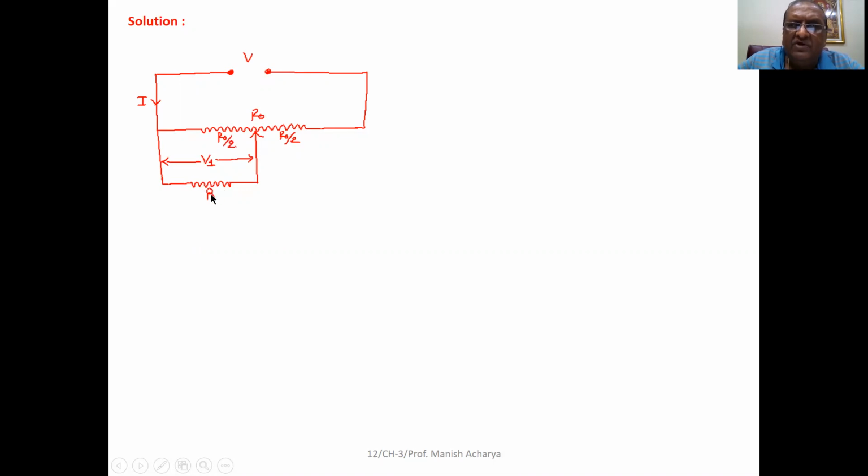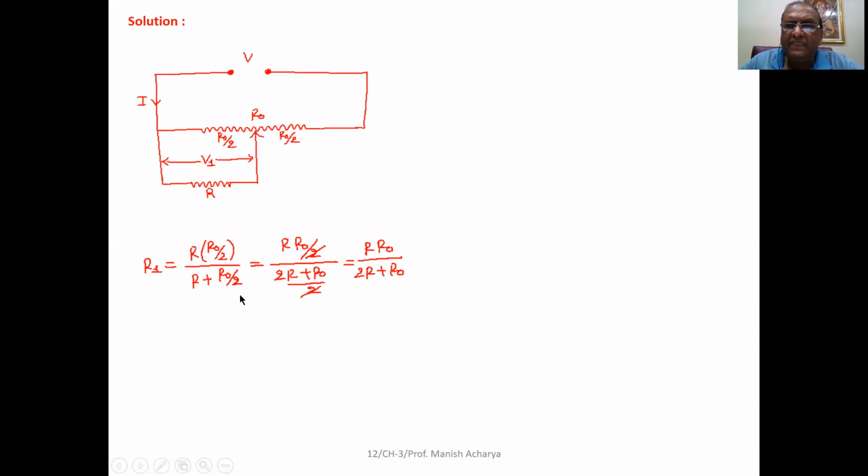So R0 by 2 and R are parallel. Suppose the potential difference here is V1, which is the same for both. Now if we prepare the equivalent circuit, we have to find the equivalent resistance of these two. For the parallel combination of these two, suppose the equivalent resistance is R1, then R1 is R0 by 2 times R upon R plus R0 by 2.